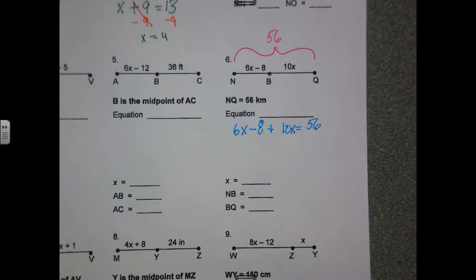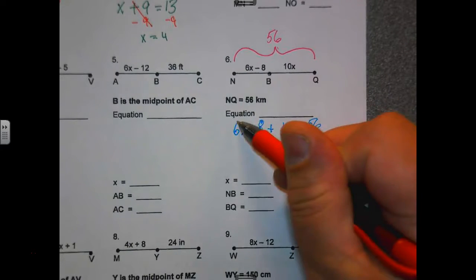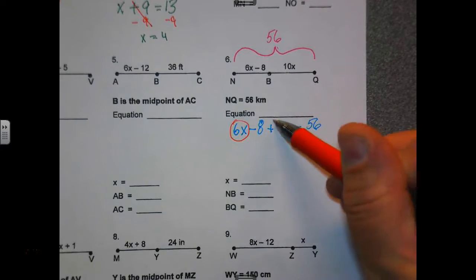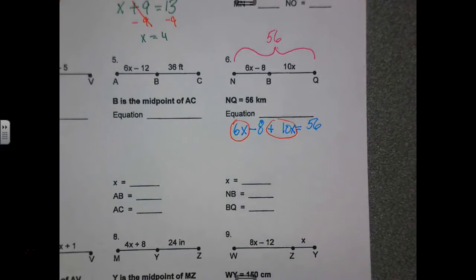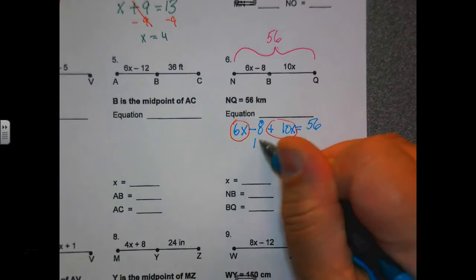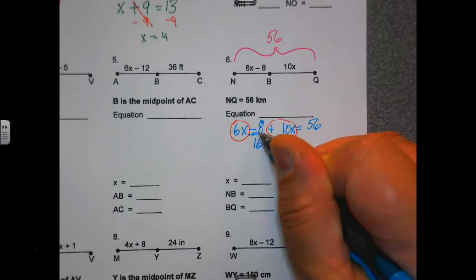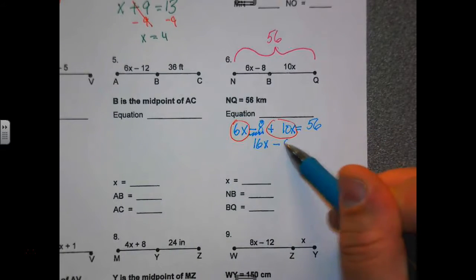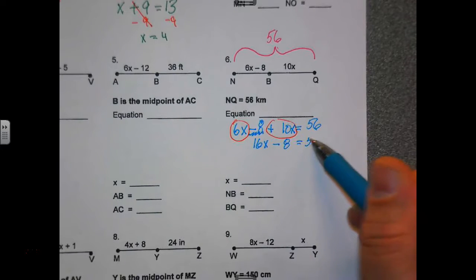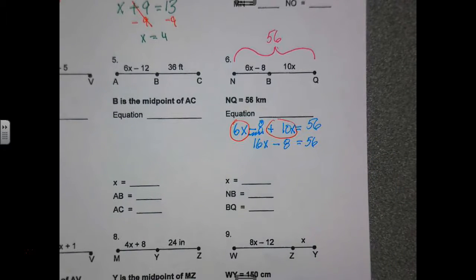I'm going to combine like terms here. I've got a 6x and a plus 10x, which gives me 16x. I have a minus 8 equals 56. I'm going to add 8 to both sides.